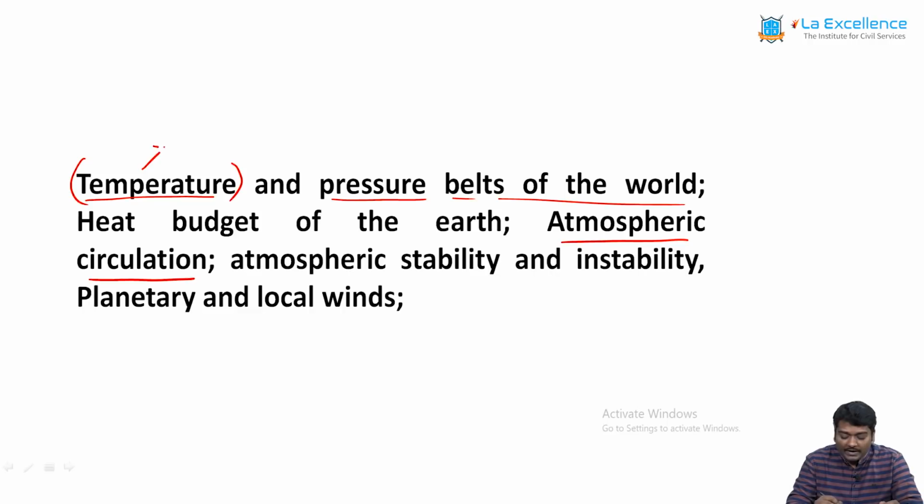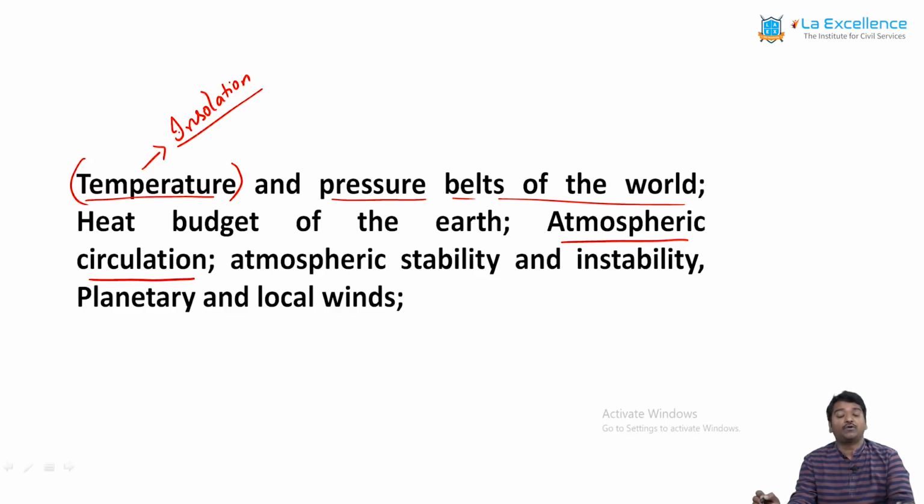You need to say what is the difference between temperature and insolation. You need to talk about vertical distribution of temperature, horizontal distribution of temperature, inversion of temperature, valley inversion. All these things become extremely important. The pressure belts of the world should be read along with the atmospheric circulation.